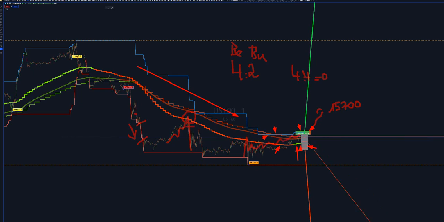As you see here, we had a very fast move here, and therefore at around 15,700 the market possibly will go higher and then fall deeper again, right? So I would first of all wait for my indicators.